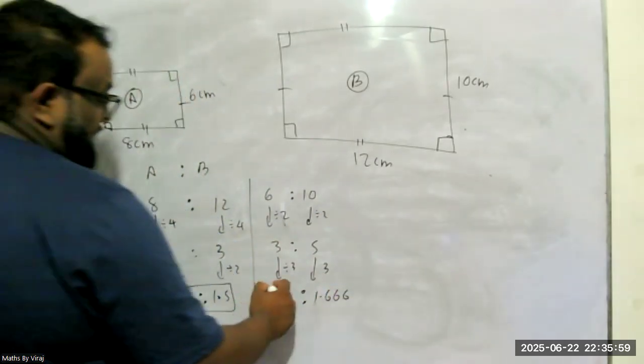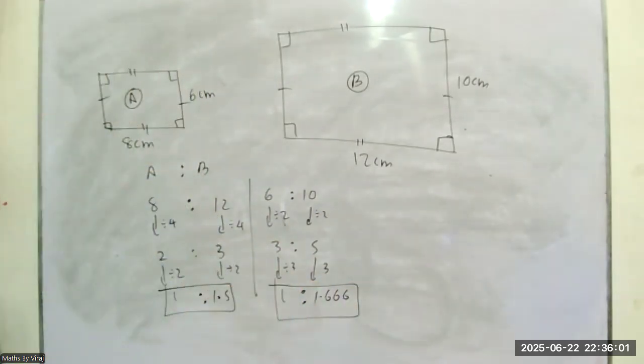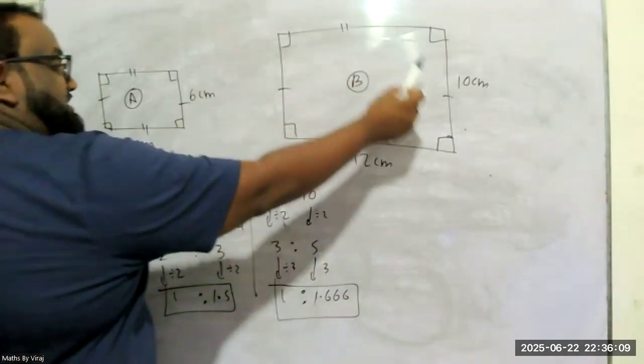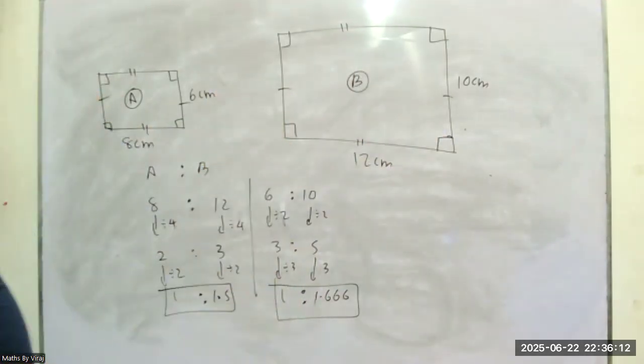Now clearly there is an issue. We have two different ratios in action. Just because 8 plus 4 is 12 and 6 plus 4 is 10, that is not how similar figures work. The angles should be the same and the length of the sides should have the same ratio.